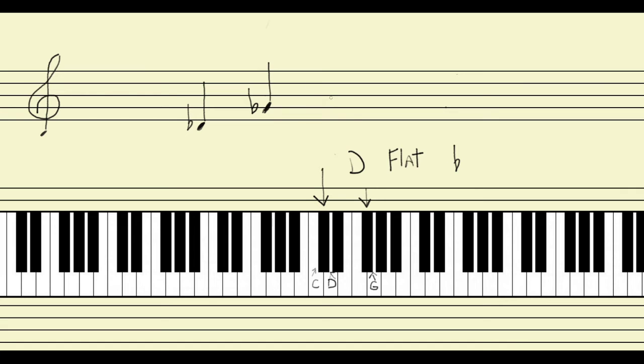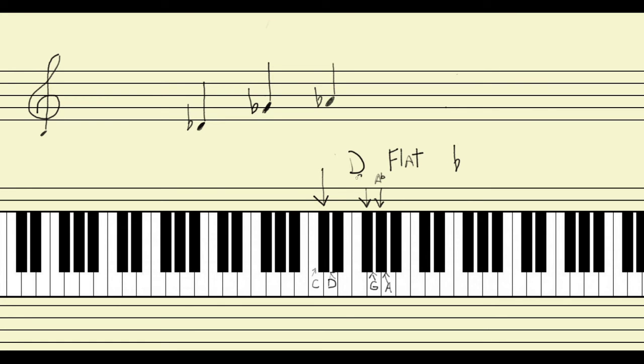Same thing with A flat. Let's do an A. Let's put the flat symbol in front of it. That's a better looking flat symbol. So that means A flat. So here's the A on the piano keyboard. If I go 1/2 step below, which is what the flat tells me to do, then this note right here ends up being A flat.